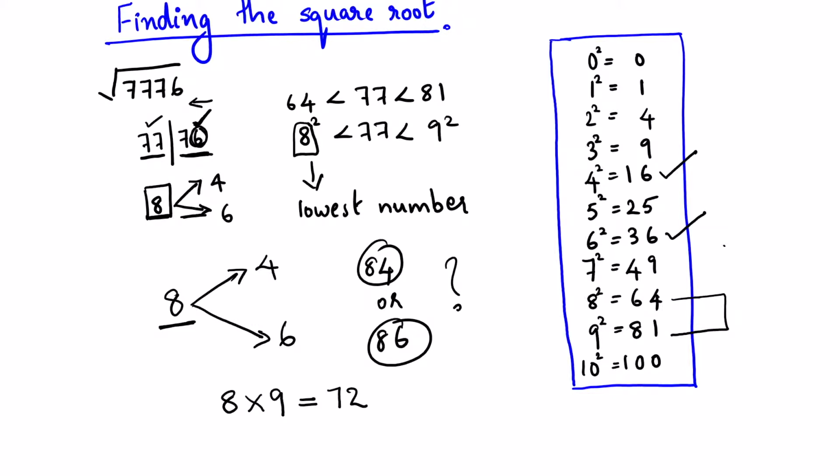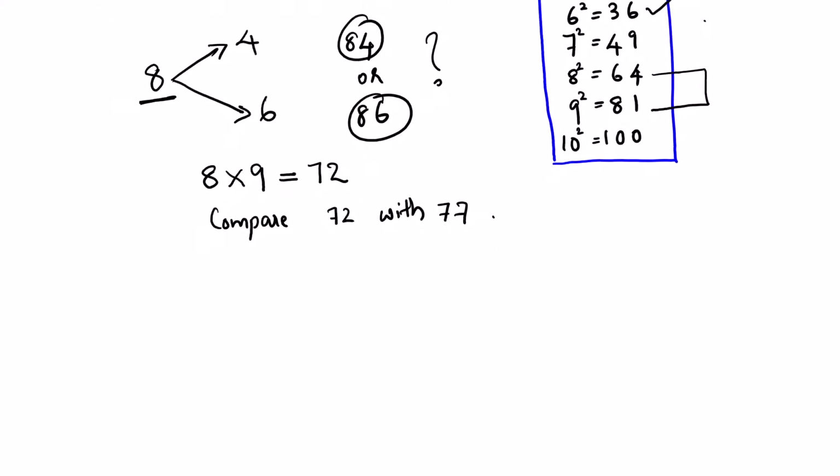Now what you have to do is compare 72 with this 77. Compare 72 with 77. Now what happens? You know that 77 is greater than 72, right?